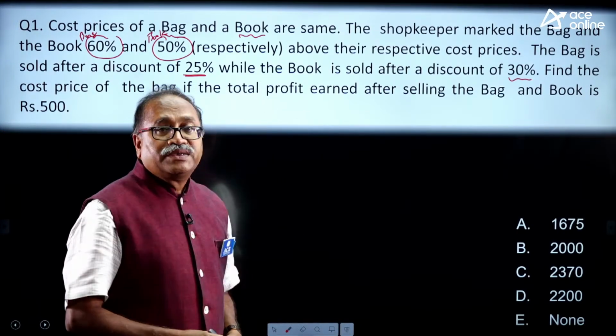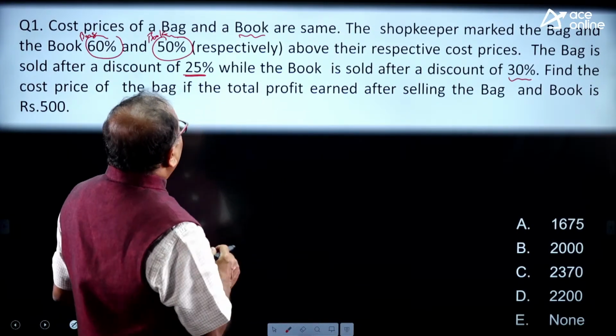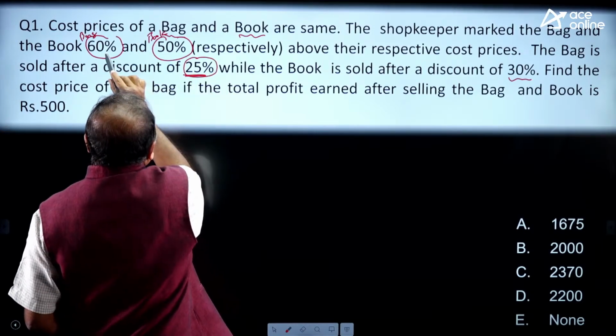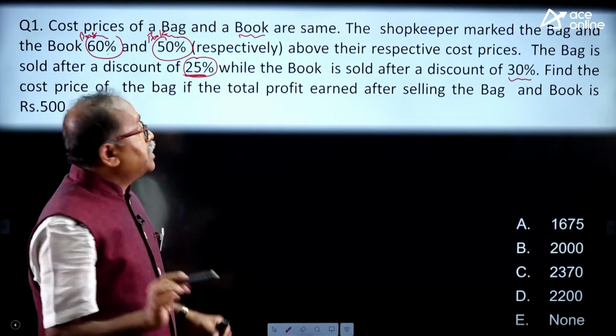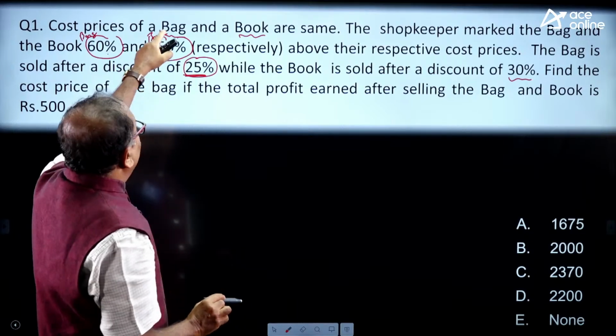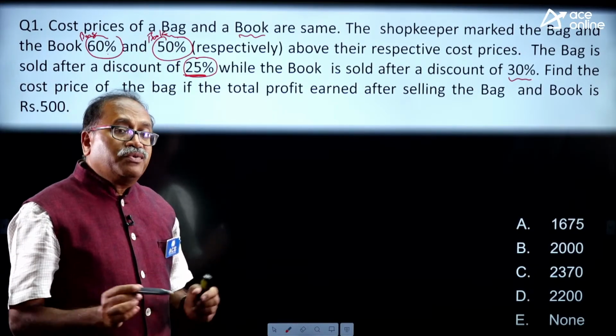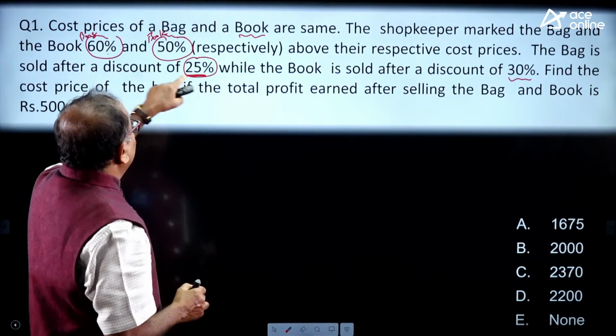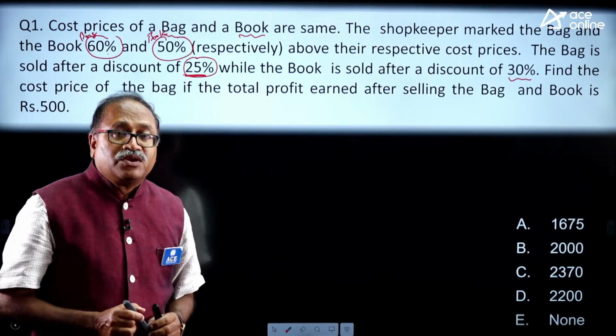So how do I start it? Collect the facts which are useful for us. This is the markup price and this is the discount when it comes to the bag. So what is the profit percentage on the bag? By using this you can find out the profit percentage of the bag.